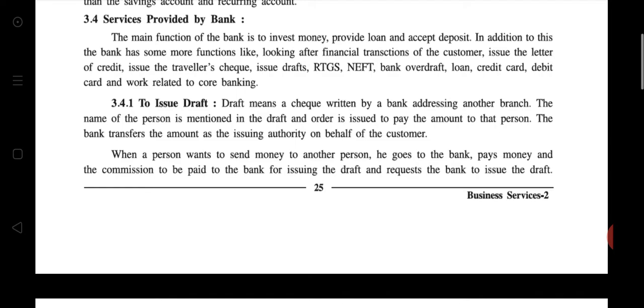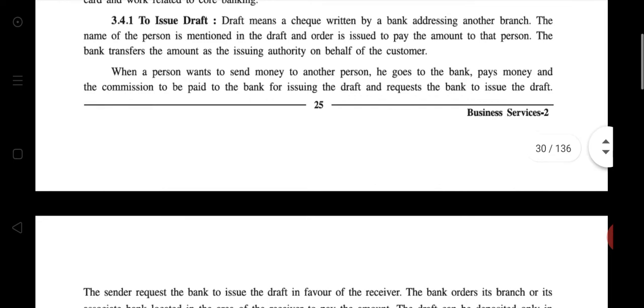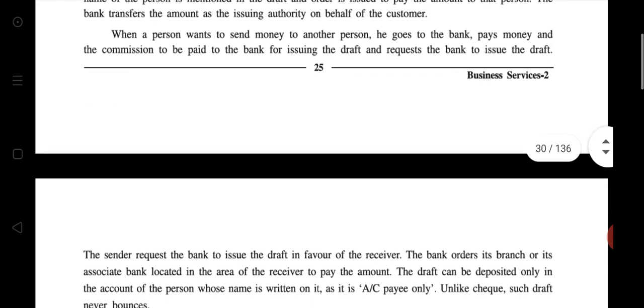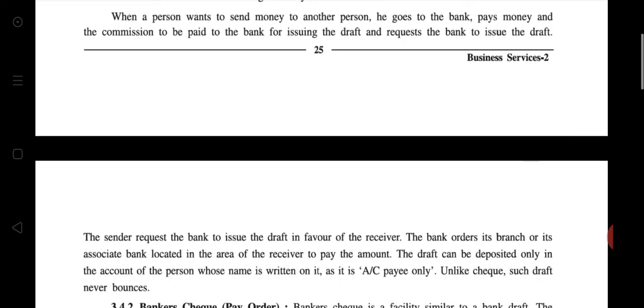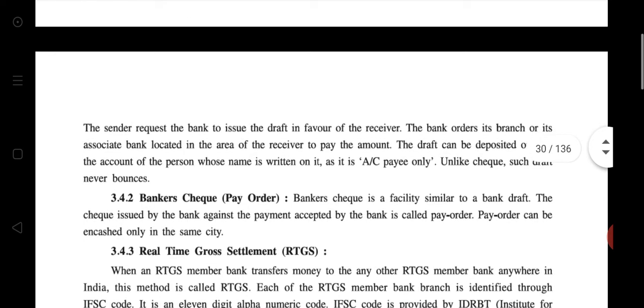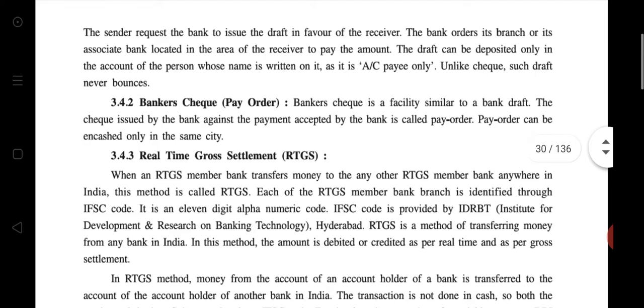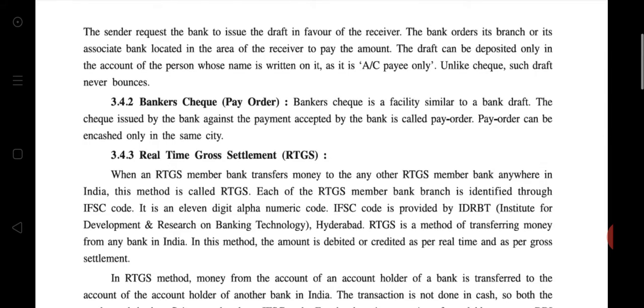Issue of draft. Students, speed up, go fast. Then banker's checks. It is very easy. Complete.